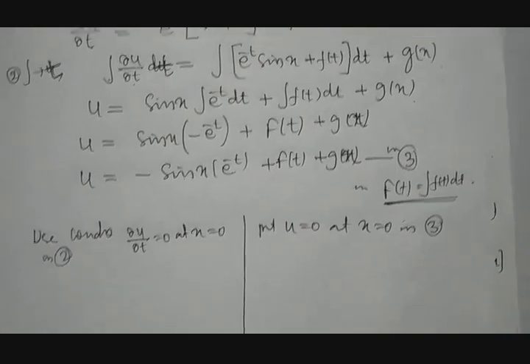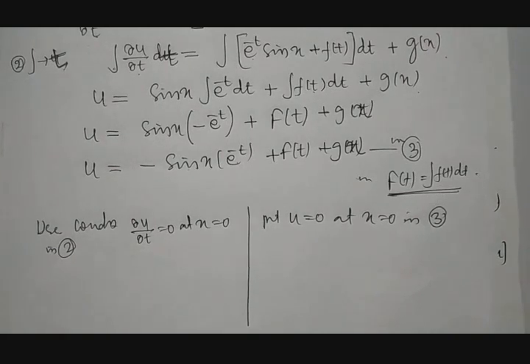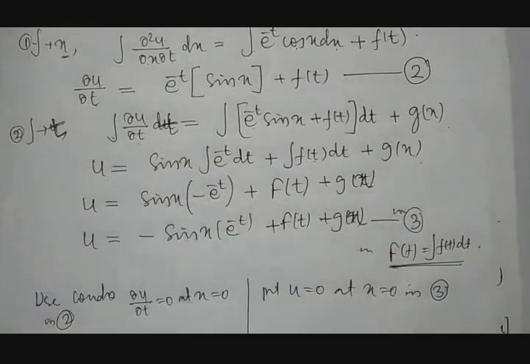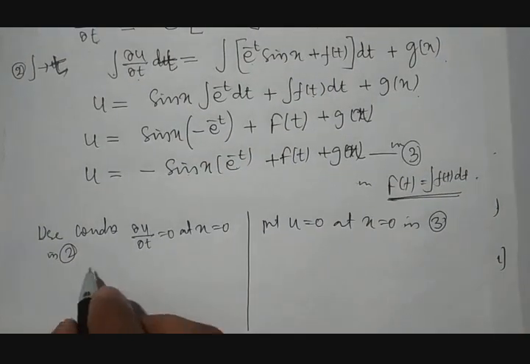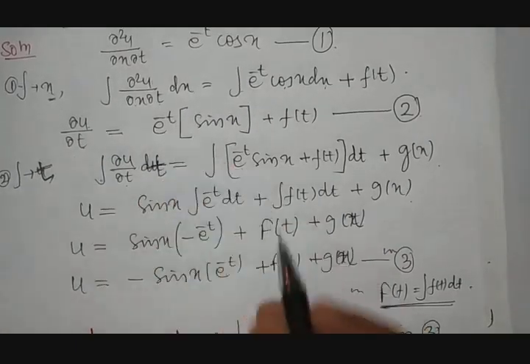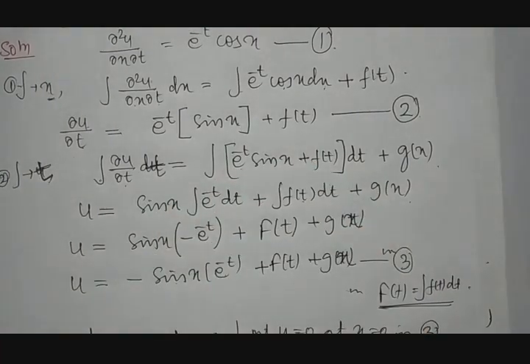Here we can substitute. Therefore, with the substitution of given conditions, equation number 2 becomes dou u by dou t is equal to 0. Therefore, 0 is equal to e raised to minus t into sine x.